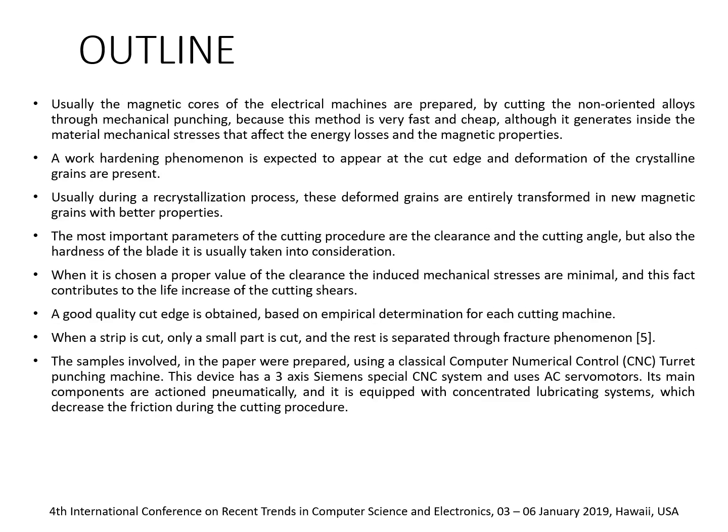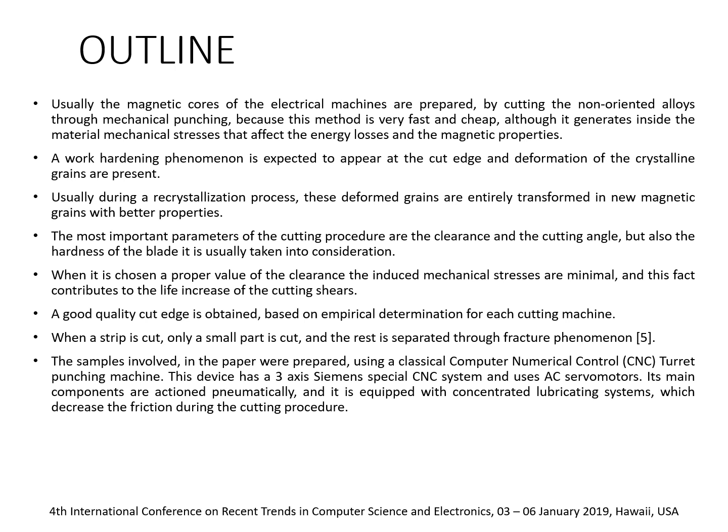Usually, the magnetic cores of electrical machines are prepared by cutting the non-oriented alloys through mechanical punching because this method is very fast and cheap, although it generates mechanical stresses inside the material that affect the energy losses and the magnetic properties. A work hardening phenomenon is expected to appear at the cut edge, and deformed crystalline grains are present.